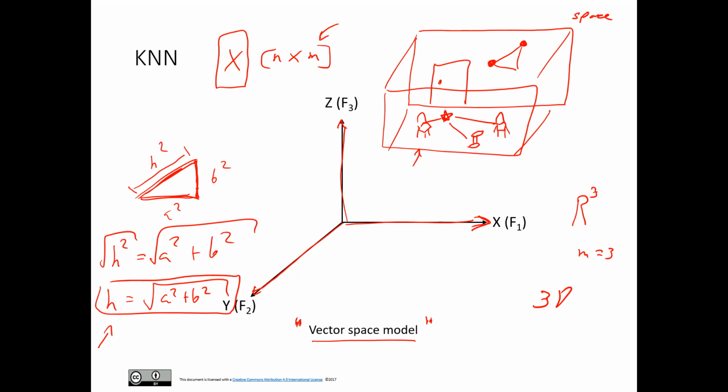And then by defining a vector space, you now have this property of geometry. And within that geometry, you can apply things like the Euclidean distance, so you can calculate these kinds of distance metrics.